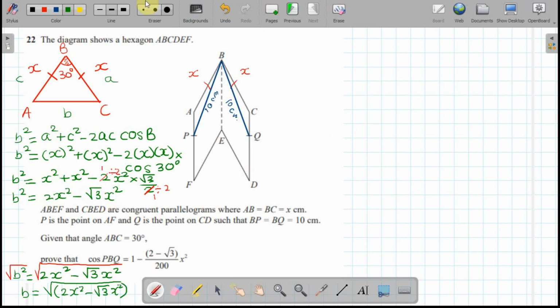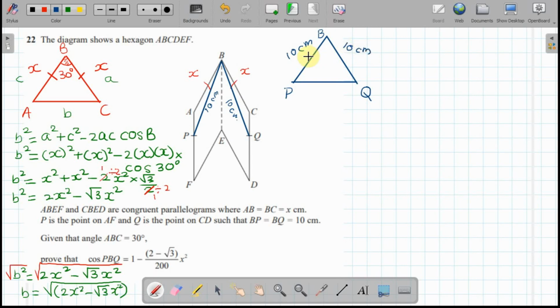Okay, now we're going to go to triangle BPQ. And I know these two, BP and BQ, are 10 centimeters long.